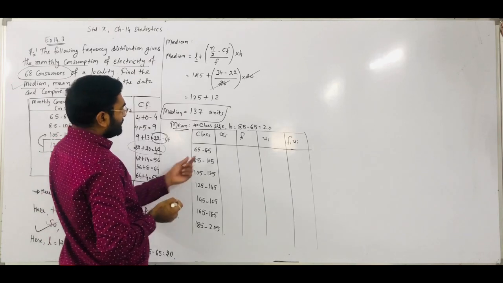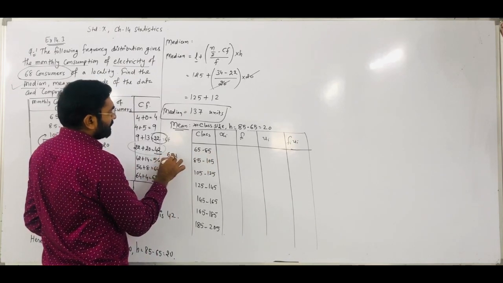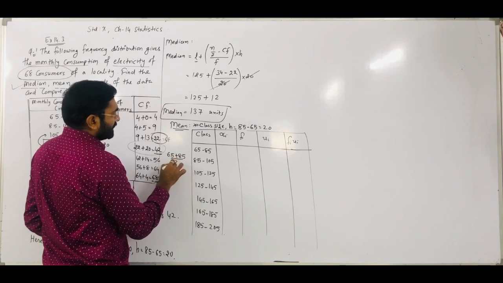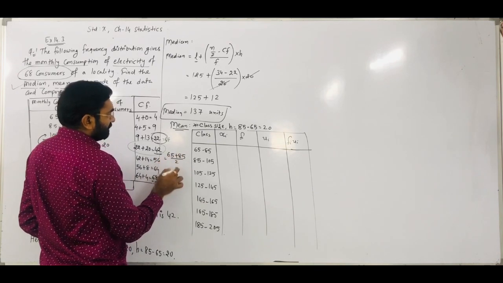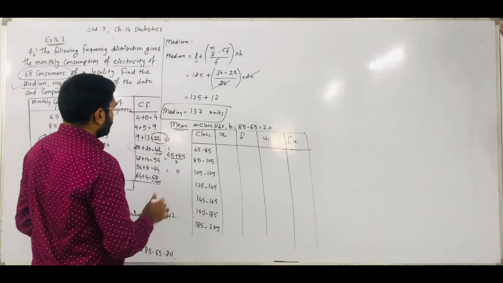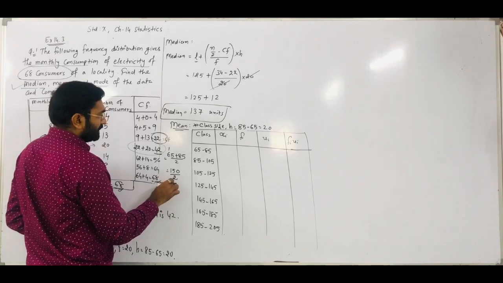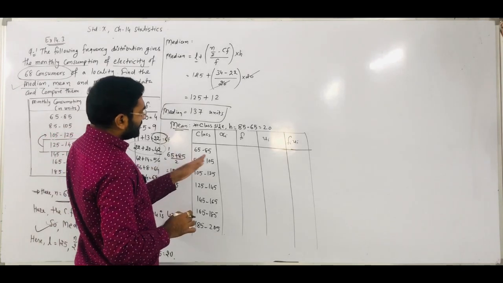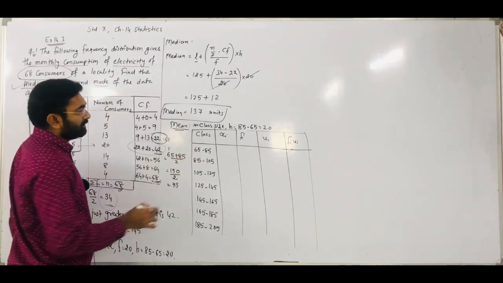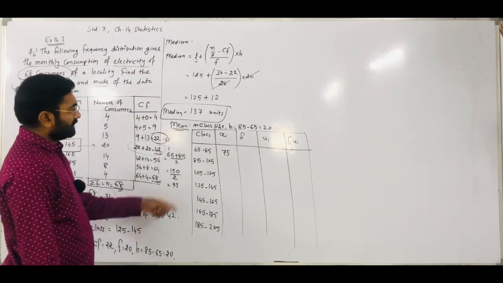Right. Now the xi value, how can we find it from the first class? Lower limit plus upper limit divided by 2. So 65 plus 85 is 150, divided by 2. Right. So 75 we get. Or you can directly say in between 65 and 85, the mid value we get is 75.